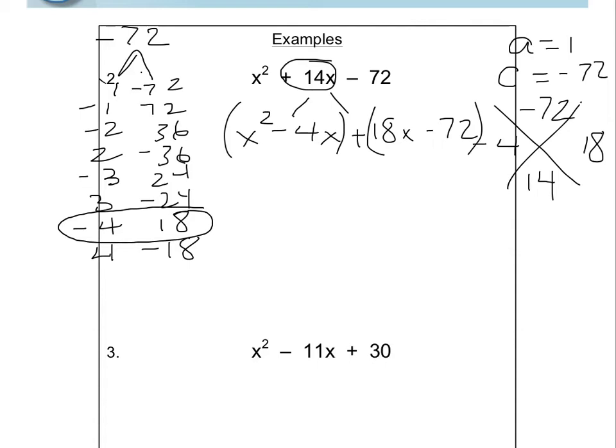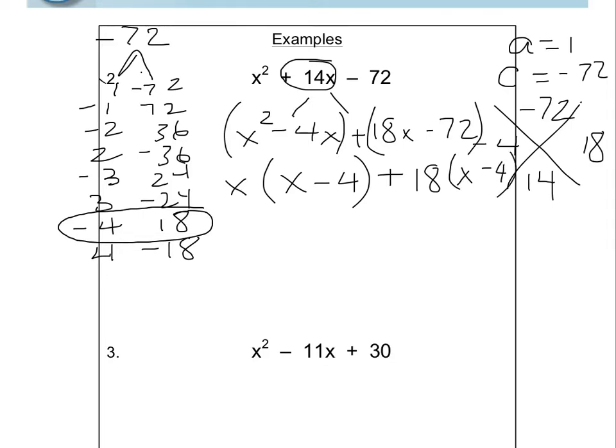Okay, now that we've done this a few times, I'm going to go a little bit faster with this grouping. So I'm going to take out an x. If I take out an x, I'm left with an x and a minus 4. Remember, divide the numbers, subtract the exponents. 18 and 72, 18 goes in there, and I'm left with an x minus 4.